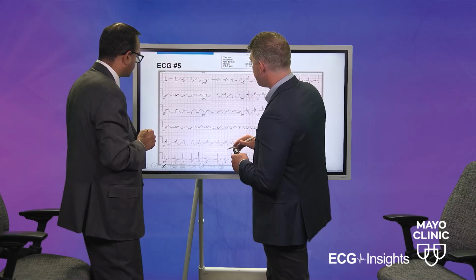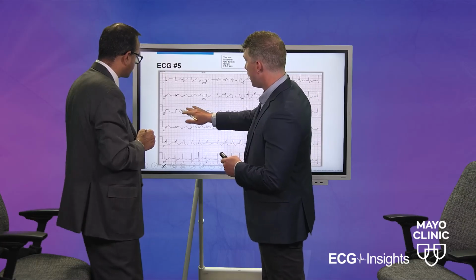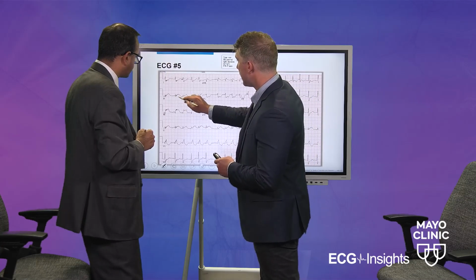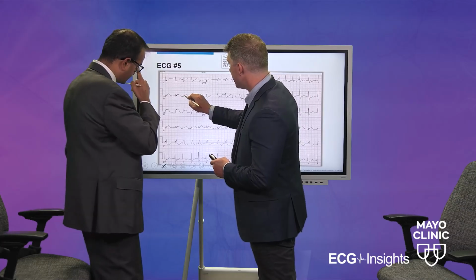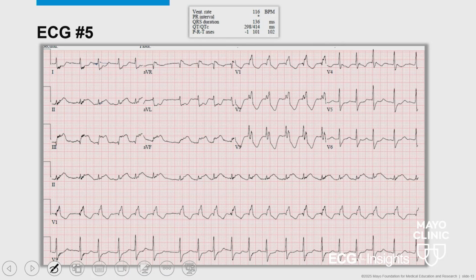Same thing in AVL. Looking at 2, 3, and AVF, you might have slight ST elevation here in lead 2. Our baseline is hard to follow a little bit, but clearly in lead 3, clearly in AVF, you have clear ST elevation. Looking at V1, V2, our QRS complexes are immediately going positive, and you're having notching, which leads into the QRS might be wide.